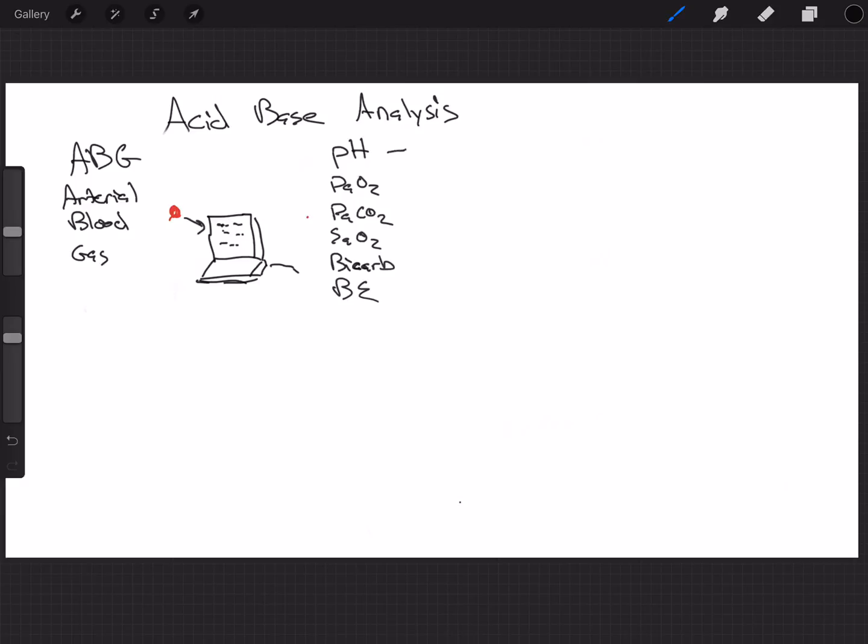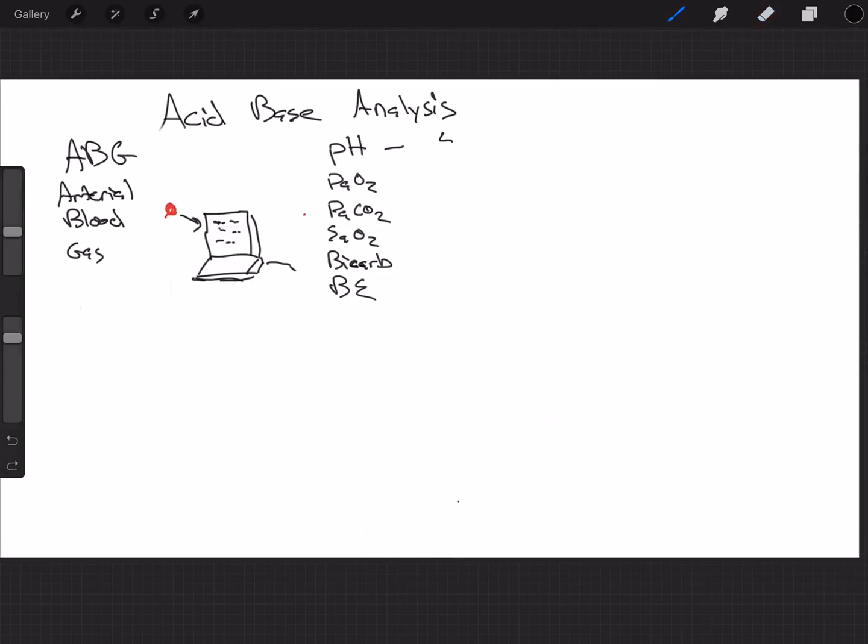So pH normal range is 7.35 to 7.45. Technically speaking, totally normal would be 7.4. But again, that normal range is 7.35 to 7.45.